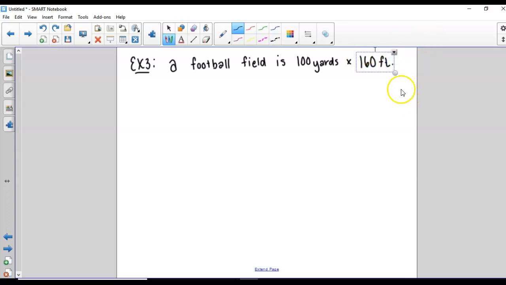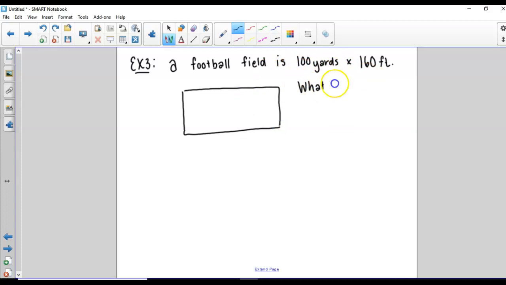Okay. All right. So, if I have a football field, like this, I want to know what is the length of the diagonal of the field.